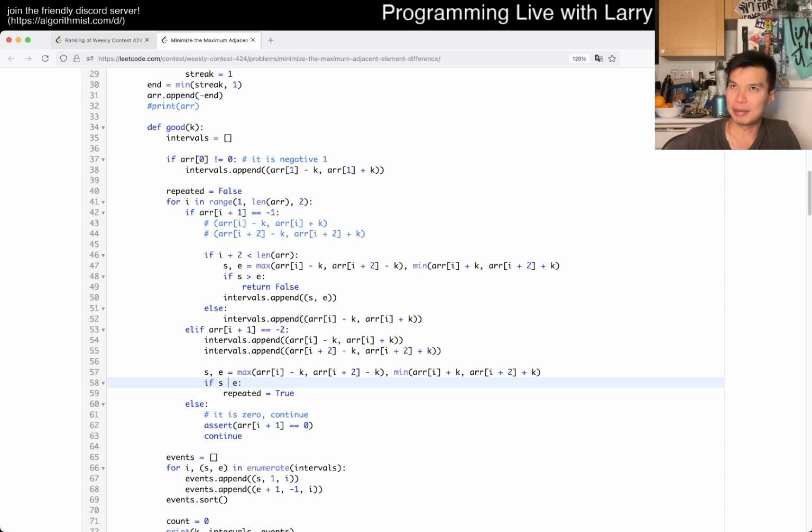If there's no overlap, then you need two numbers, right, back to back, and there's no overlap if max of the lower one, min of the higher one, max of the low.